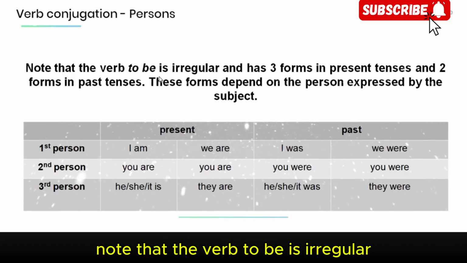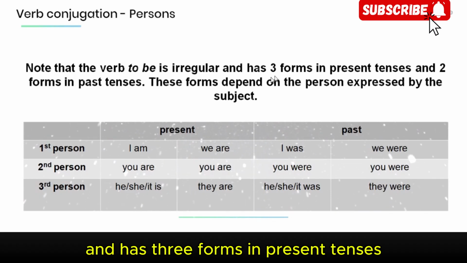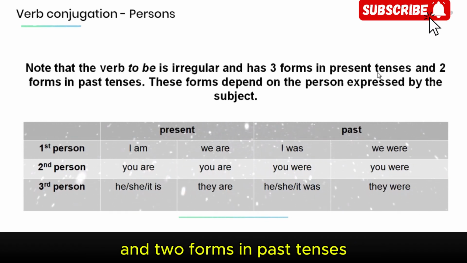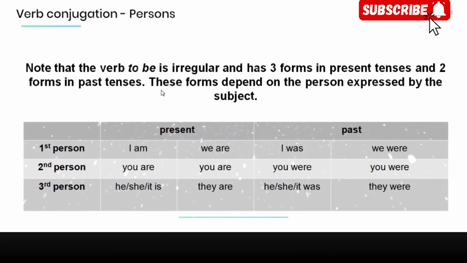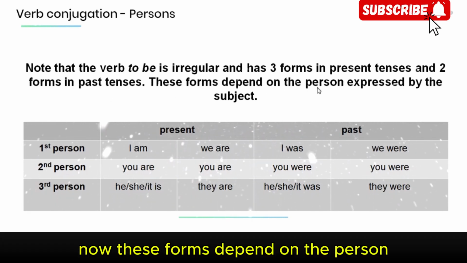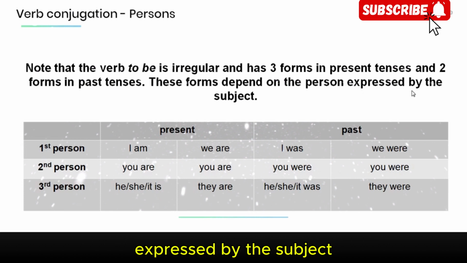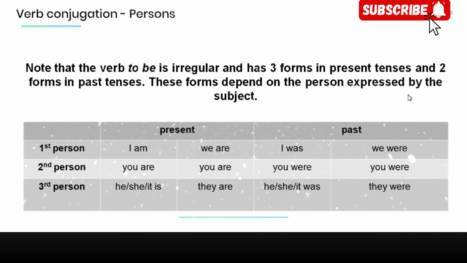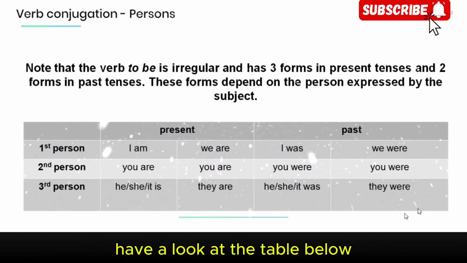Note that the verb to be is irregular and has 3 forms in present tenses and 2 forms in past tenses. Now these forms depend on the person expressed by the subject. Have a look at the table below.